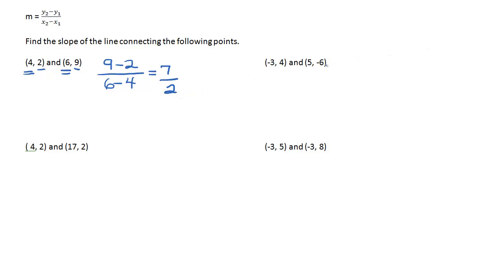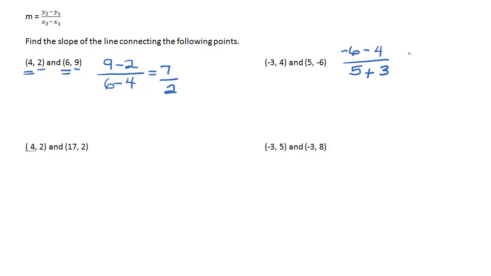In the second example, the second y is a negative 6. We're taking away the first y, which is 4. Dividing that by the second x, which is 5, minus the first x, which is a negative 3, minus a negative becomes plus.